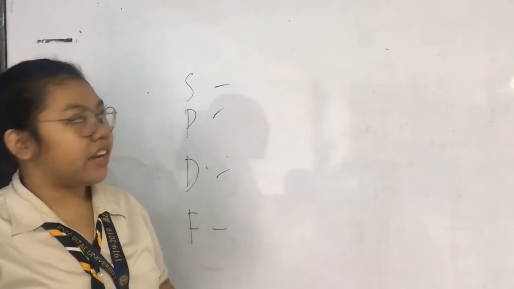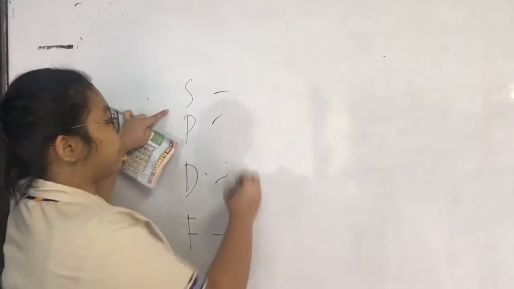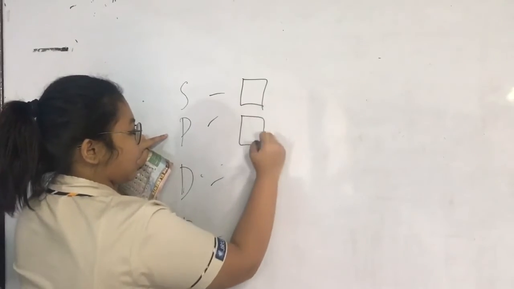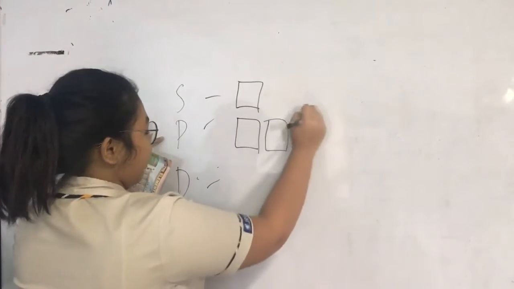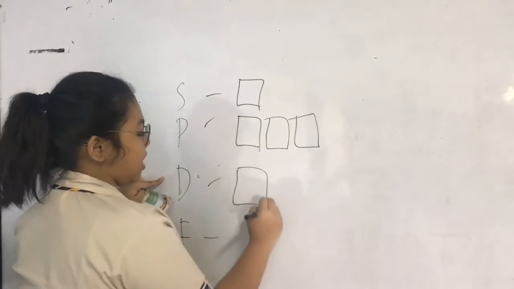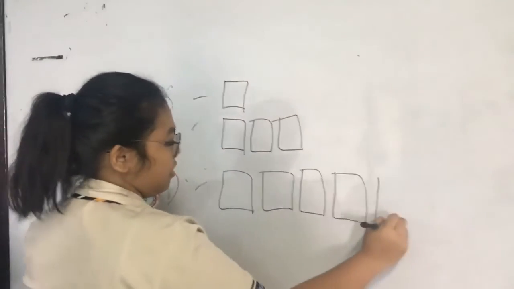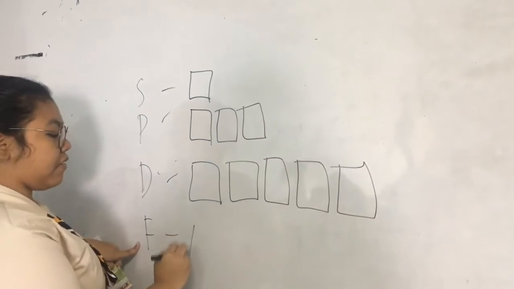For the orbital diagram, in s, we have 1 box. P, we have 3 boxes. D, we have 5 boxes. And with f, we have 7 boxes.